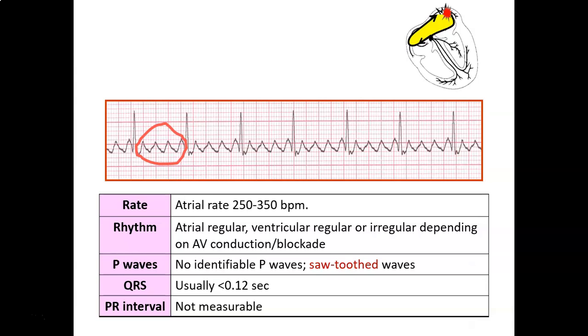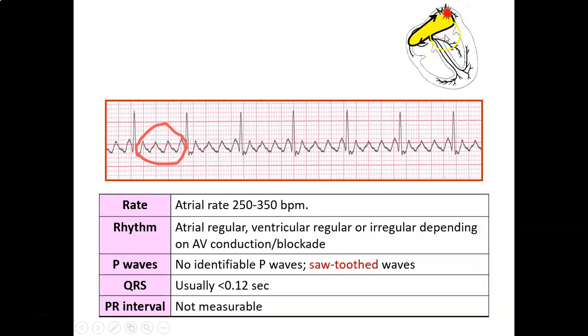So the most common form of atrial flutter is 2-into-1 conduction. That is, 2 times the impulse moves in the atria, then goes to the ventricles, and we get a heart rate of 150. If it moves 1, 2, 3 times, we'll get the 3 flutter waves and heart rate of 100.